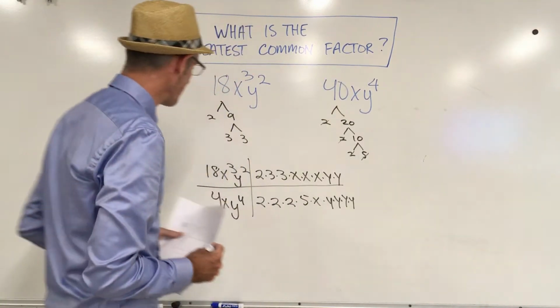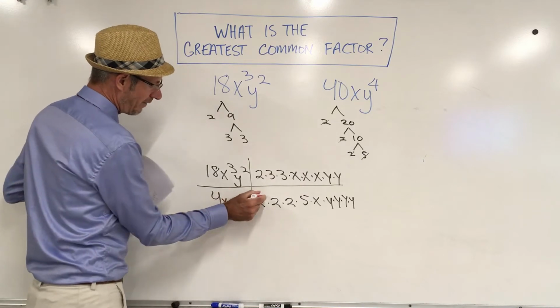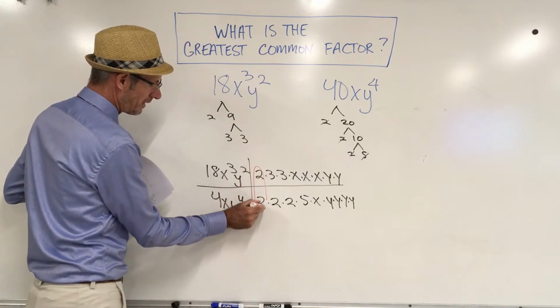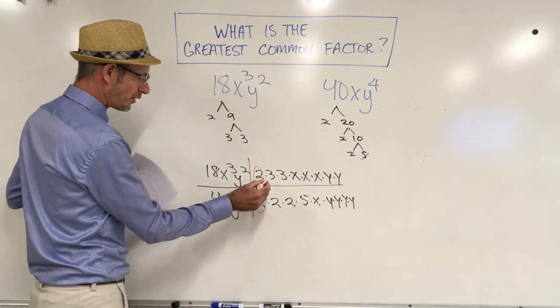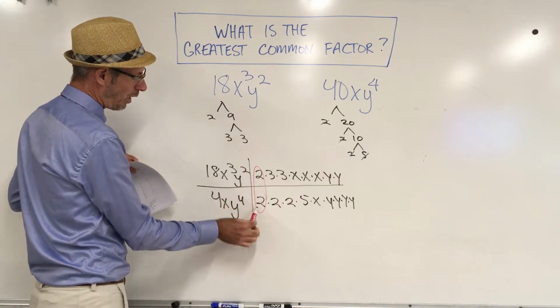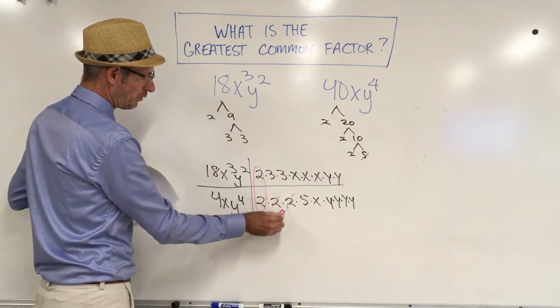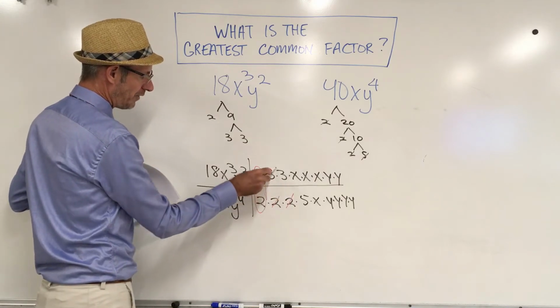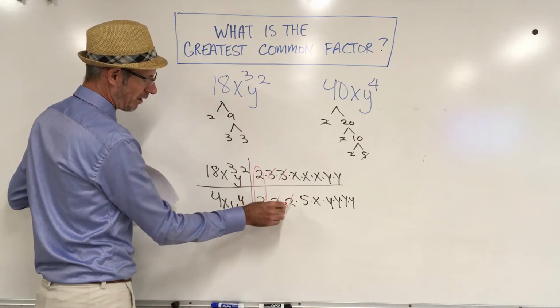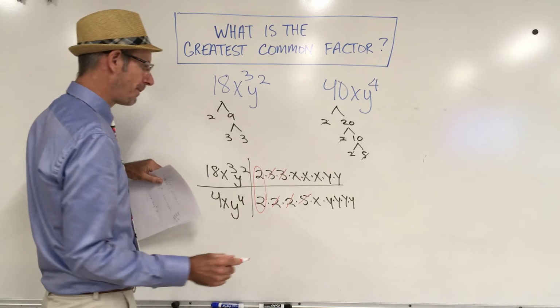Now, let's see what they have in common. So here we have 2's in common. There's no 3's, so they both have at least 1 two. But there's no more 2's up here to be in common, and there's no 3's down there to be in common. The 5 is not in common because there's no 5 on the top.